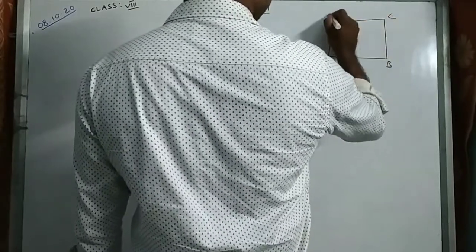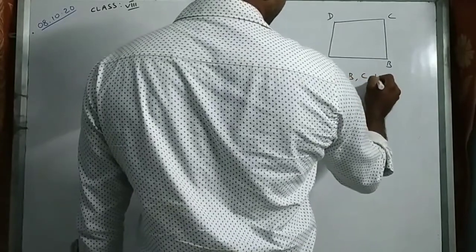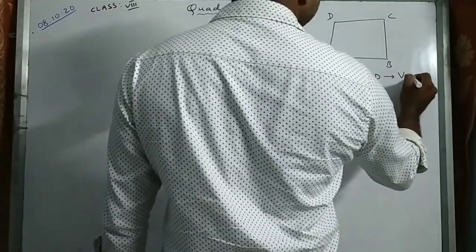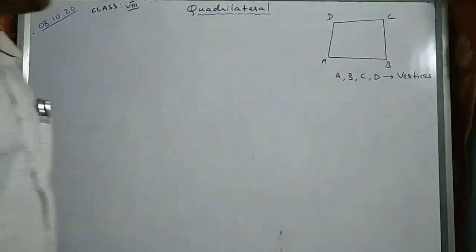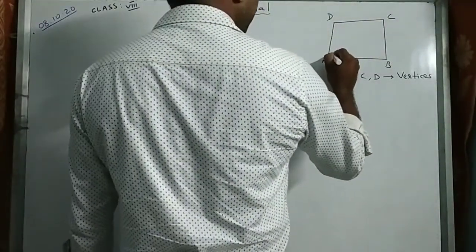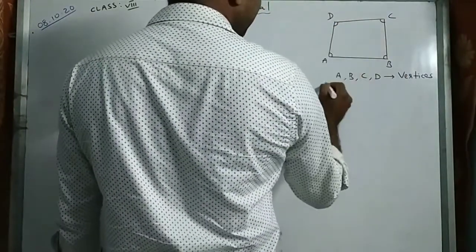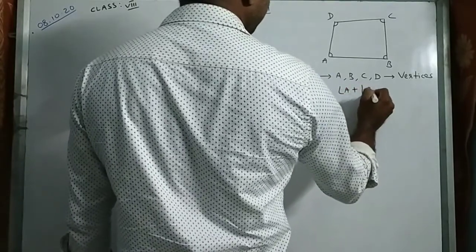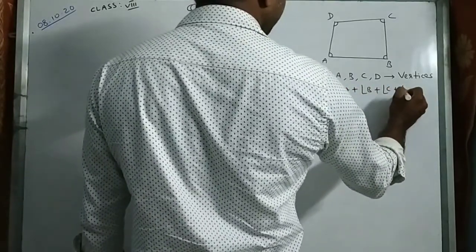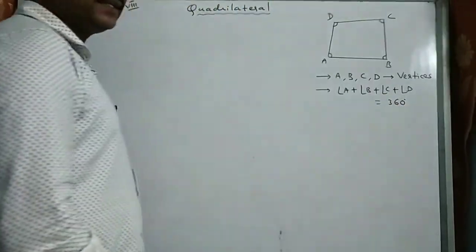A, B, C, D are vertices. Vertex is singular, vertices plural. How many angles do we have? Angle A, angle B, angle C, angle D. So angle A plus angle B plus angle C plus angle D equals 360 degrees.